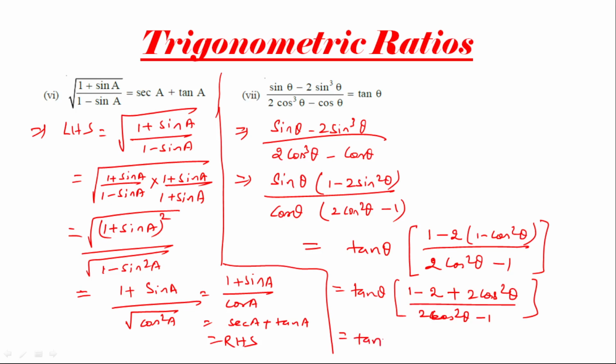Then tan theta, so 1 minus 2 is minus 1, so it will become (2 cos square theta minus 1) divided by (2 cos square theta minus 1). So numerator and denominator got cancelled, left with only tan theta.